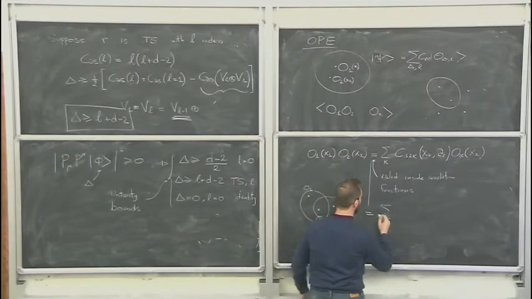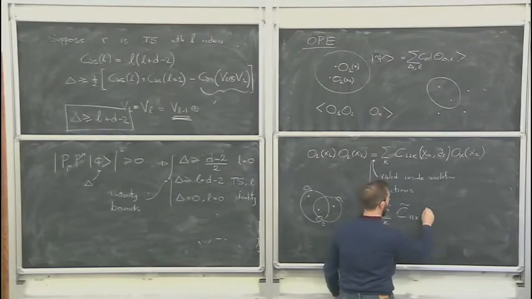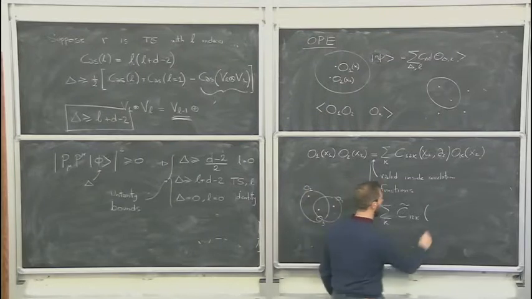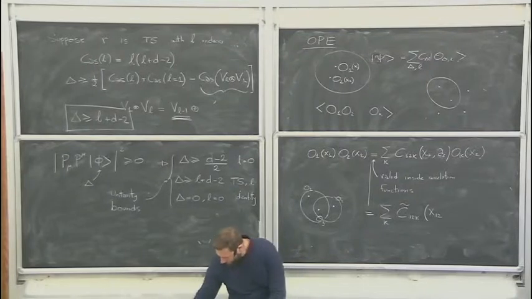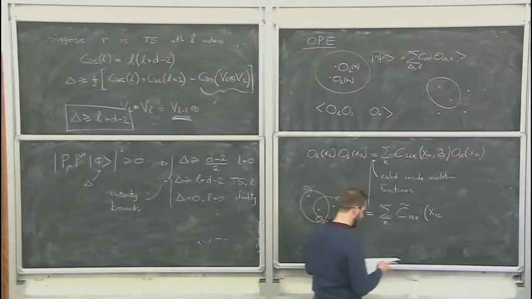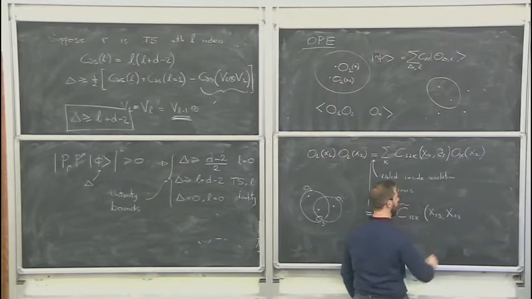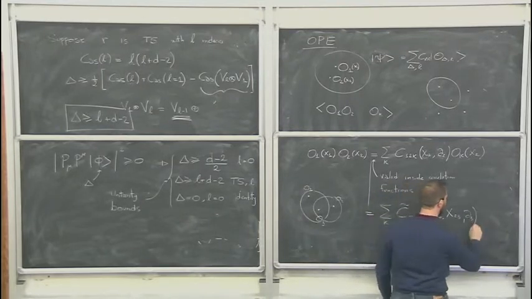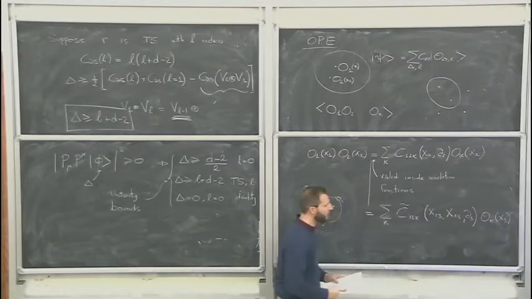So this can be written also as a sum over k of some other coefficient, C-tilde_{12k}, a function of x13, x23 and derivatives d3, times operator k inserted at x3, with x3 arbitrary.